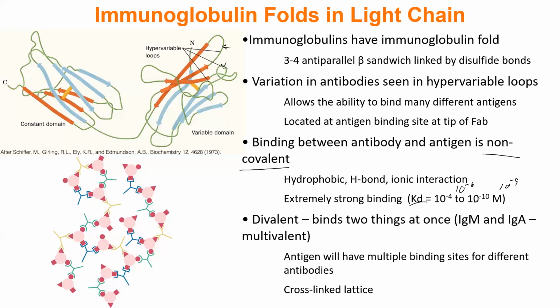The thing about antibodies, the IgGs, is that they are divalent. What I mean by divalent is that they can bind two things at once. So what happens inside your system is that if your body finds antigens, your antibodies will bind and form this giant lattice of antigen and antibody.